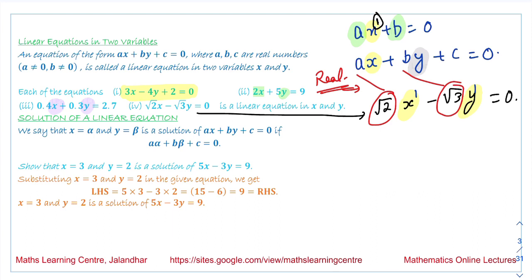Now next thing we have is the solution of the linear equation. Solution means those values of x and y. Suppose the value of x is equal to alpha and y is equal to beta.